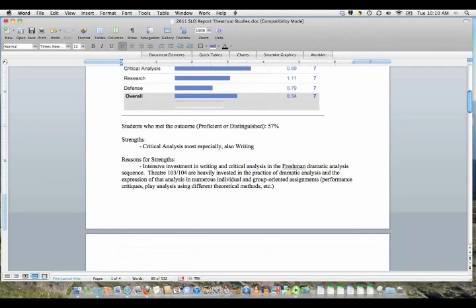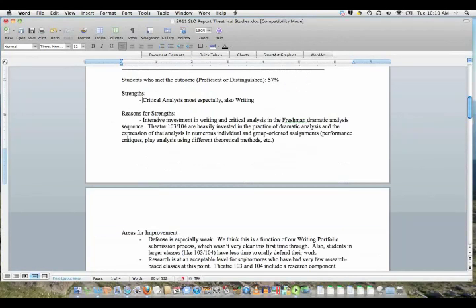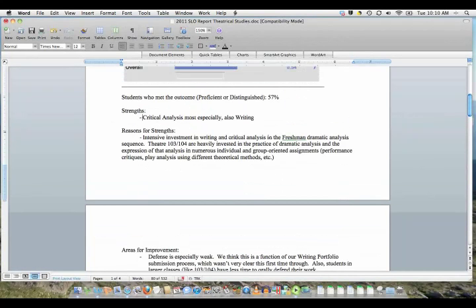Reasons for strengths. So what I've done here is just sort of taken some guesses. And this document will also be forwarded around to O'Hara and Jen Blackmer, or the other TSO faculty, and they will add other bullet points as to why we think that critical analysis and writing are strengths.